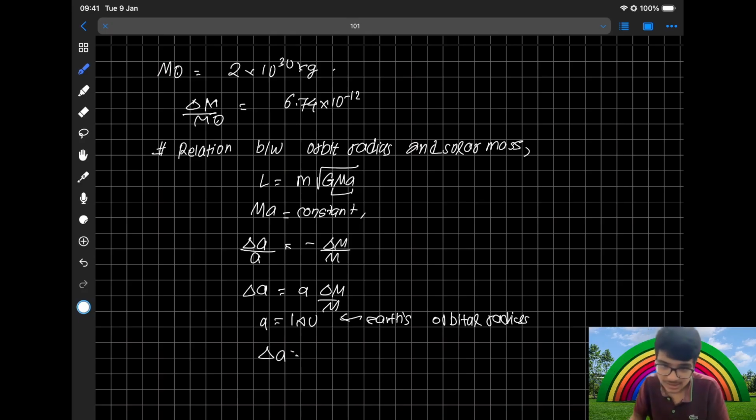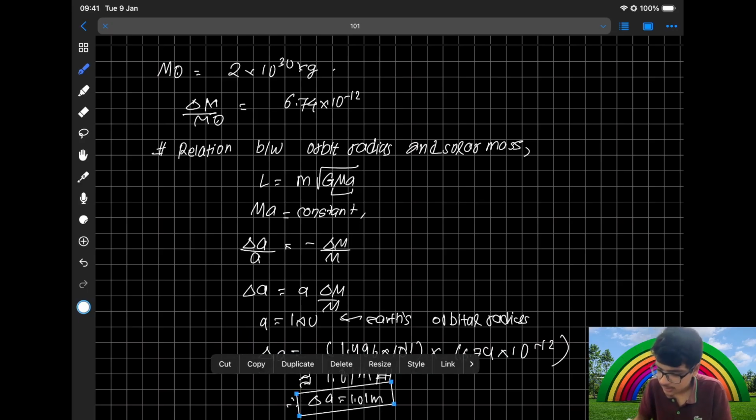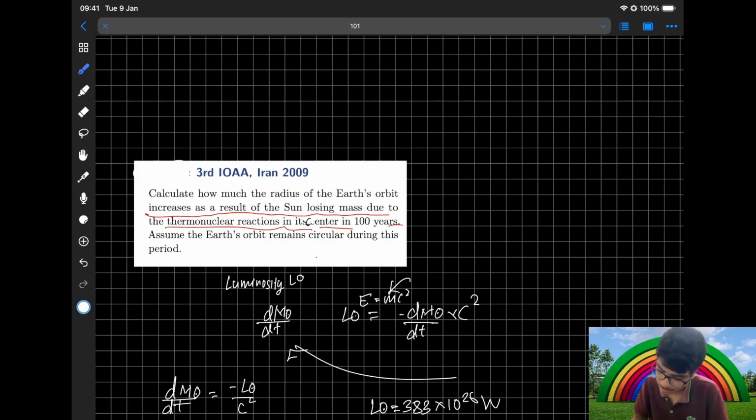So the fractional change that we'll get is 1.496 times 10 to the power 11 multiplied by 6.74 times 10 to the power minus 12, and as an answer we will get about 1.01 or 1.03 meters. Therefore, delta A equals 1 meter is the change in the radius of the Earth's orbit.